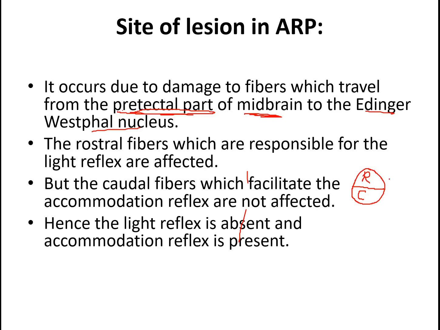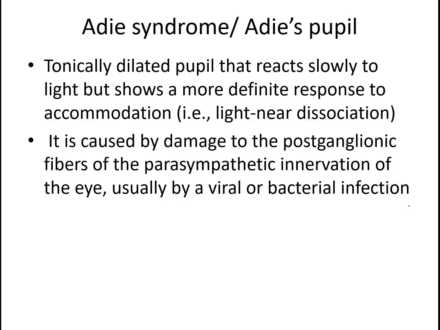The rostral part is responsible for the light reflex, and the caudal part is responsible for the accommodation reflex. In neurosyphilis, there is damage to the rostral part. So the light reflex is absent, but the accommodation reflex is present. So the lesion is in the pretectal nucleus.